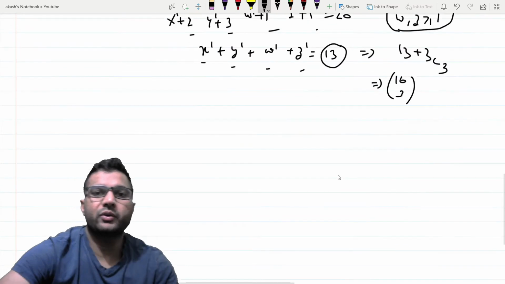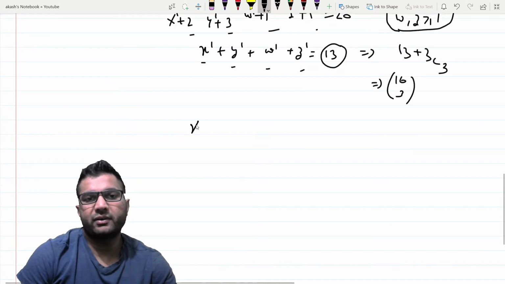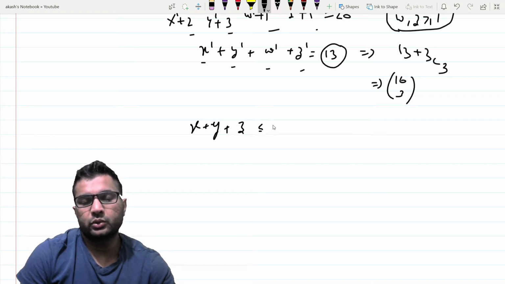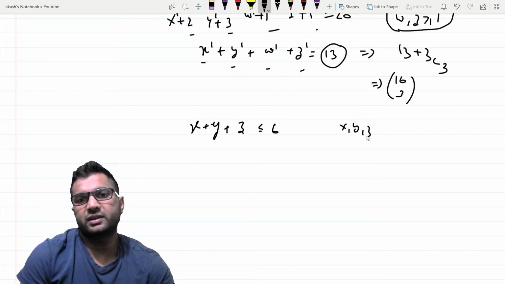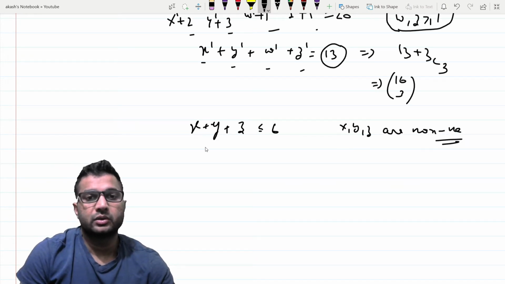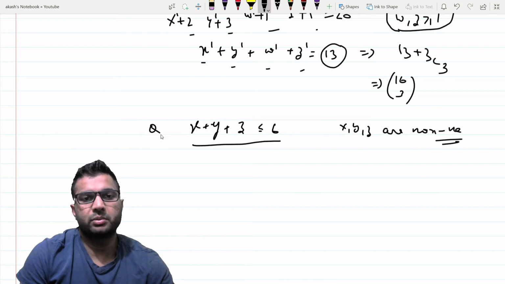So now a few inequations. Let's say I have x plus y plus z less than or equal to 6, and x, y, z are non-negative integers. So what is the number of possible solutions x, y, z of this problem?